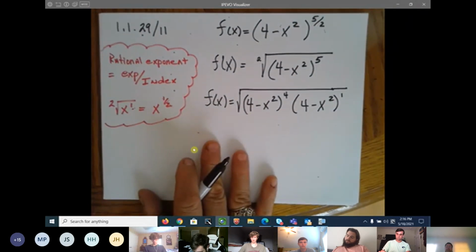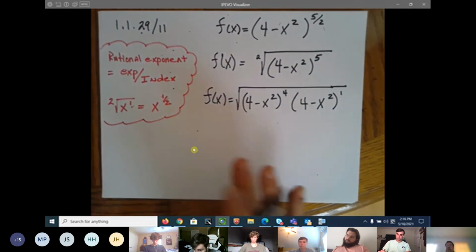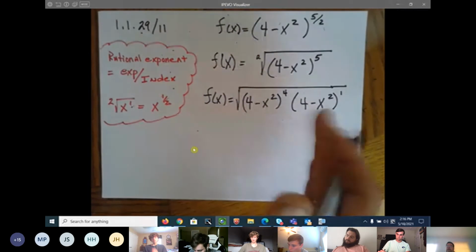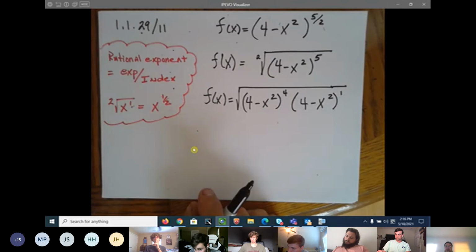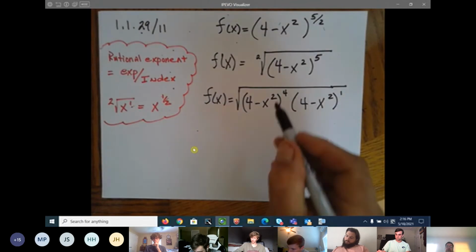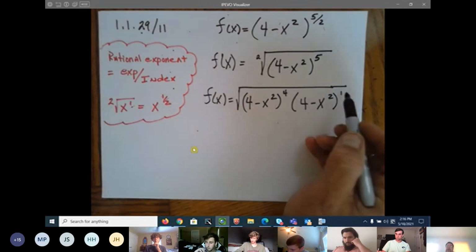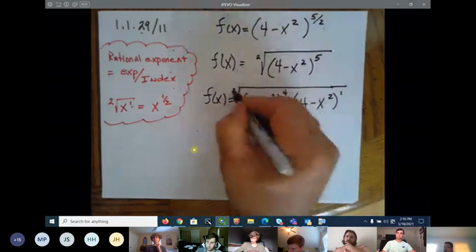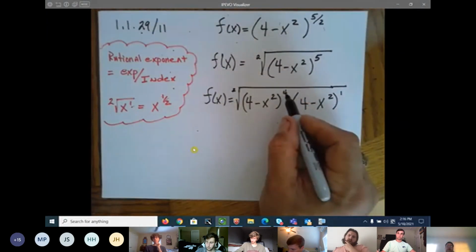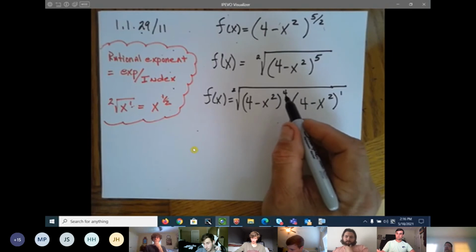Okay? Now everybody in the room should understand what's going on there. There's really not anything challenging going on. You just add the exponents. And you can take the square root of the fourth power. Somebody tell me what's the square root of the fourth power?